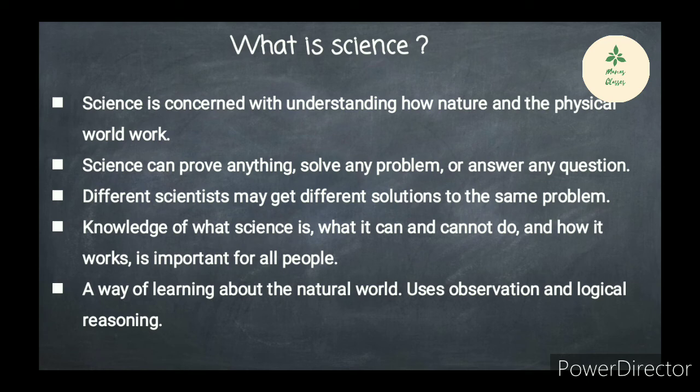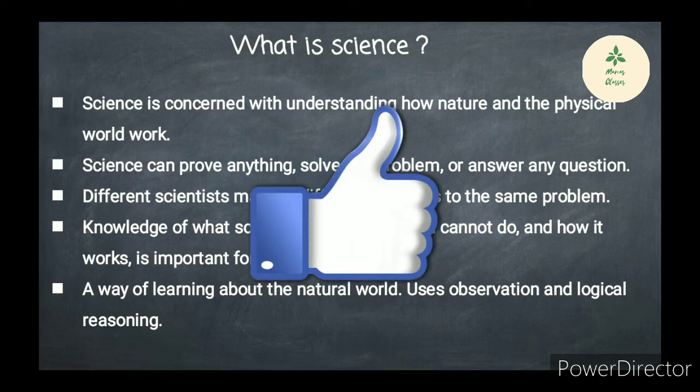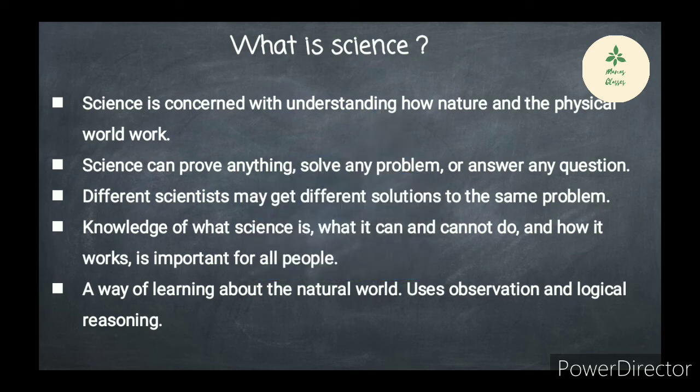Different scientists may get different solutions to the same problem. You may understand with the help of maths. There is a sum, and there are many ways to answer any sum. The next point is knowledge of what science is, what it can and cannot do, and how it works is important for all people.